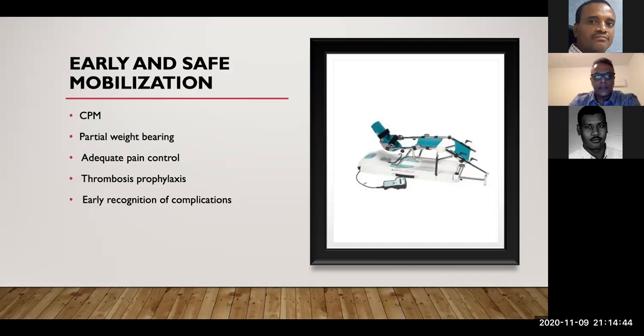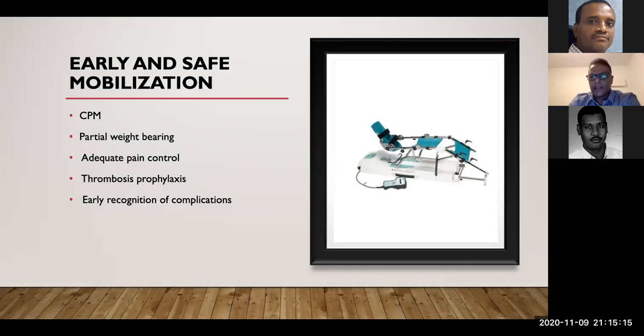You can use a machine like the CPM. Also start weight bearing. You can even start with partial weight bearing, and give the patient adequate pain control, which can help him to mobilize as well. Don't forget that the operation itself can lead to developing clots, so give thrombotic prophylaxis until the patient is fully mobilized.